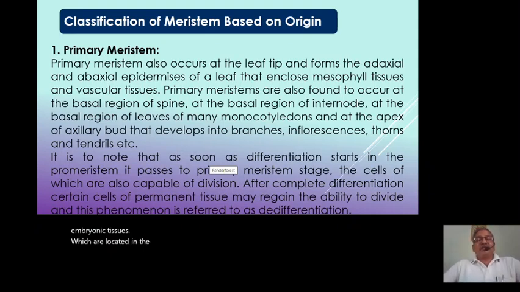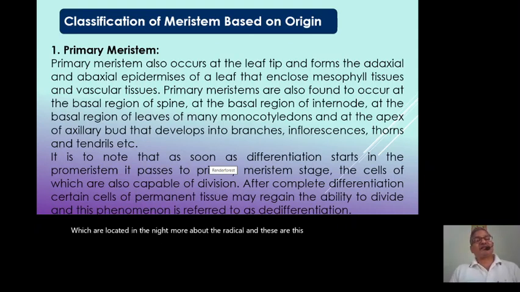You might know about the radicle and plumule. These are small groups of undifferentiated cells. They are mainly composed of certain specifications in them.